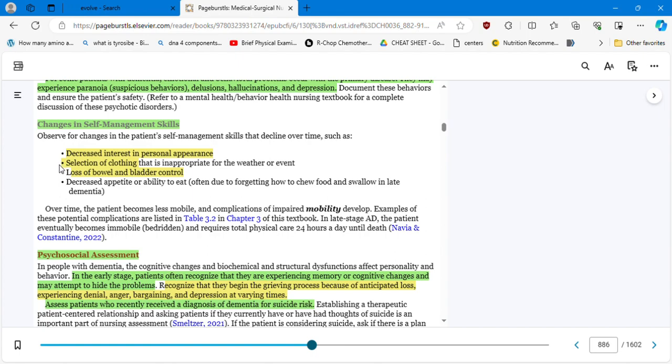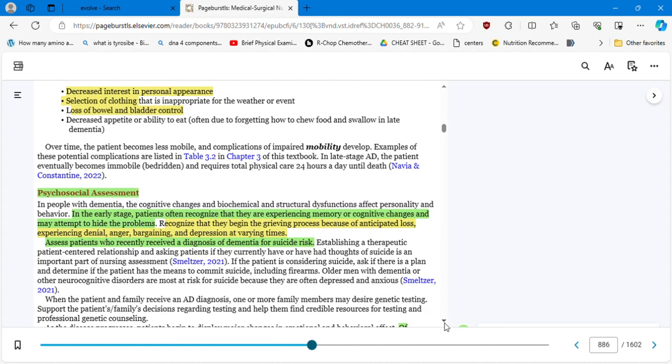There's going to be problems in the selection of clothing, loss of bowel and bladder control, decreased appetite or ability to eat. So right there, the person who takes care of these AD patients must be really able to perform these activities with good intention and motivation.